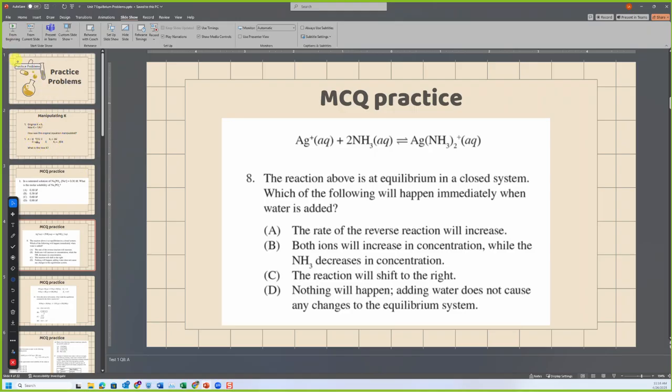Okay, they're saying it's A, so we're supposed to know that it's going to dilute. And like I said, it's not telling us the K is super large. I'm assuming it's super large because it is a complex ion and most of those are super large.